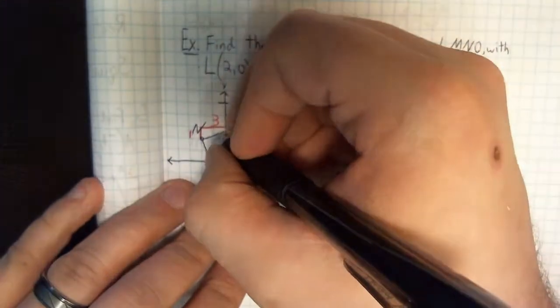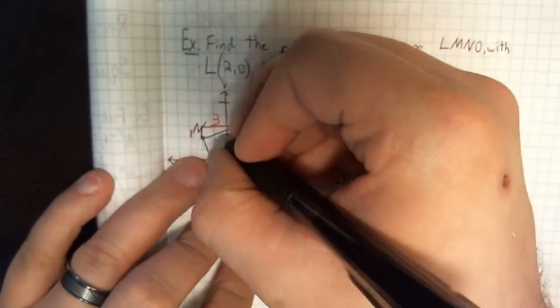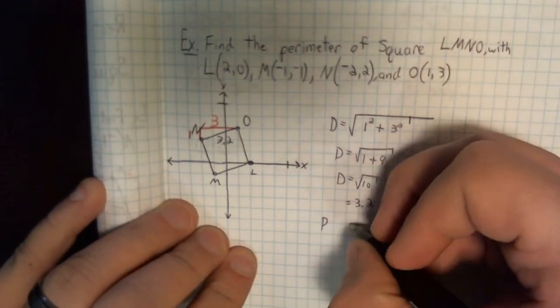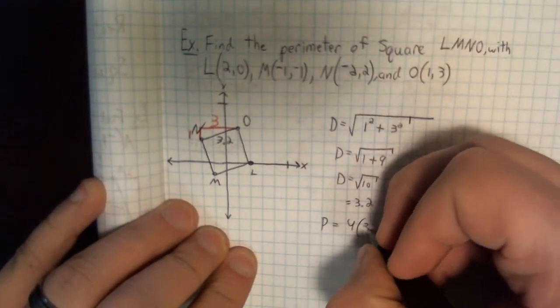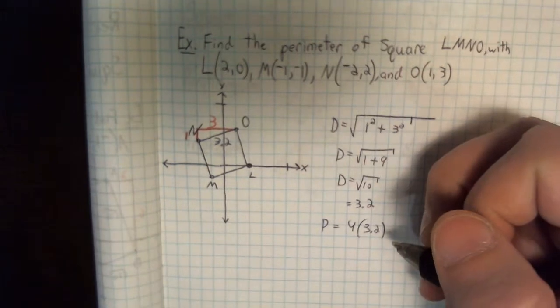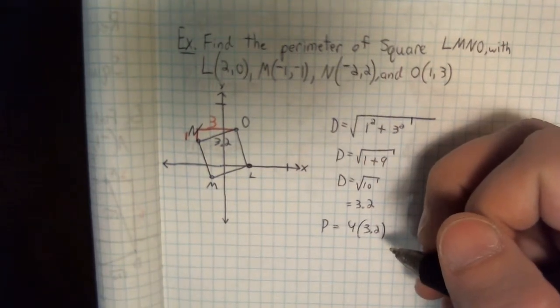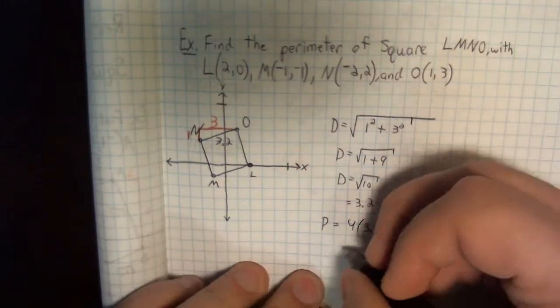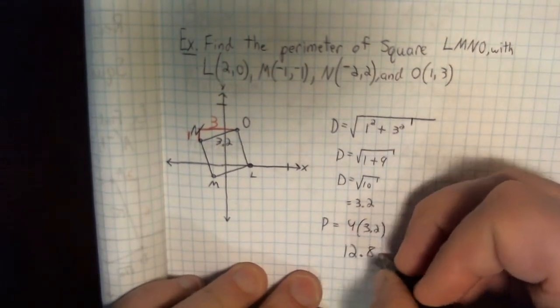So we find this length right here, NO, as 3.2. Remember we said perimeter was going to be 4 times 3.2. So 3.2 times 4 gives us 12.8 units.